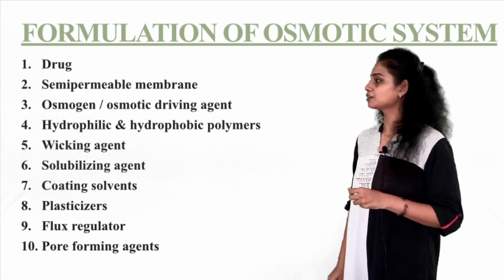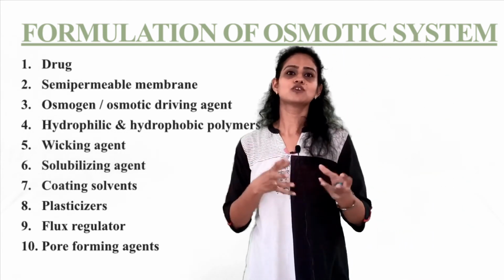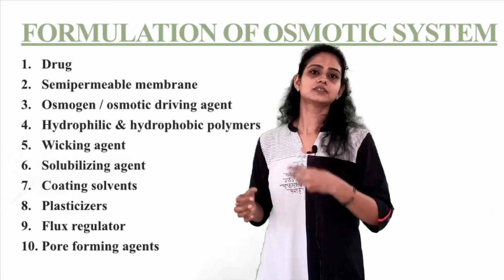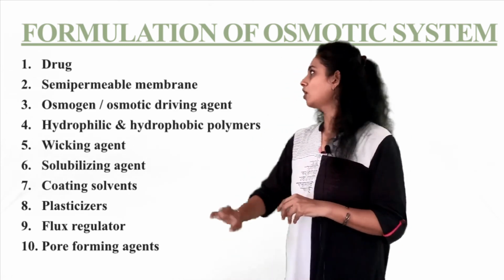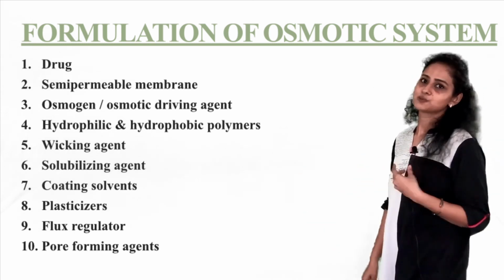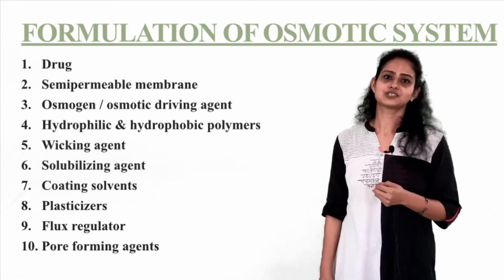The flux regulator regulates the flow of water getting inside your system. These are the different excipients which we can add into the formulation of any osmotic drug delivery system.